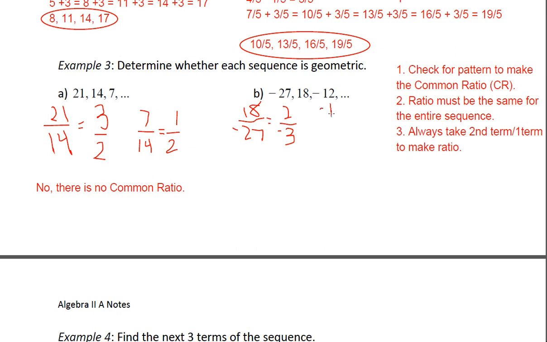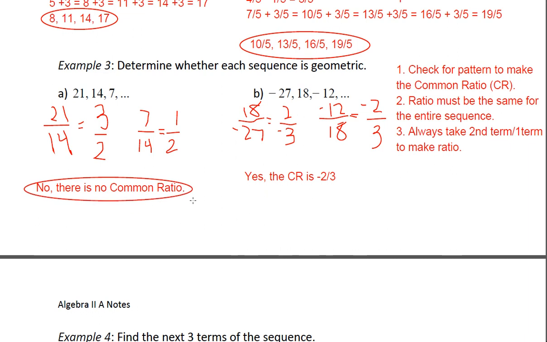We'll get negative 12 over 18. These are divisible by 6, so we get negative 2 over 18 divided by 6 is 3. So here they were both negative 2/3. So what you're going to want to say is, yes, it is geometric, and the common ratio is negative 2 over 3. So those were my answers here.